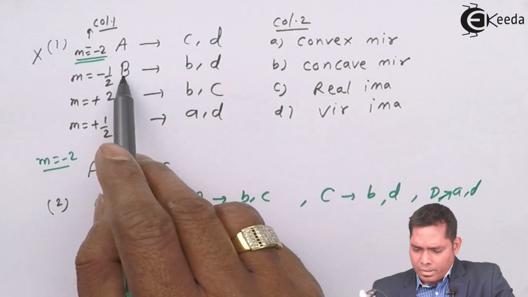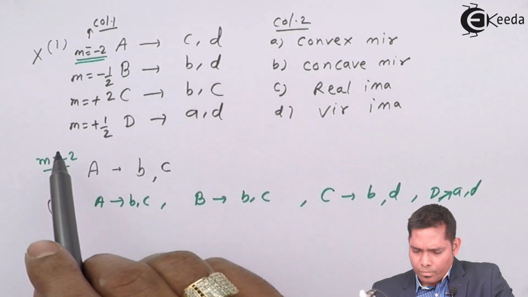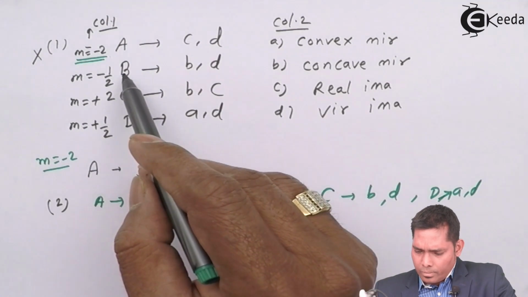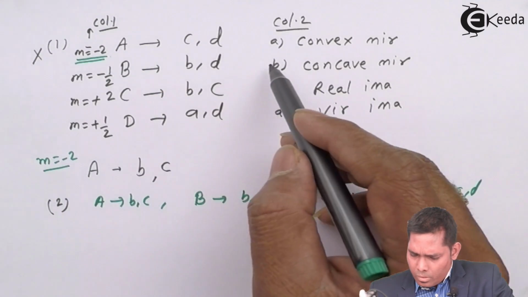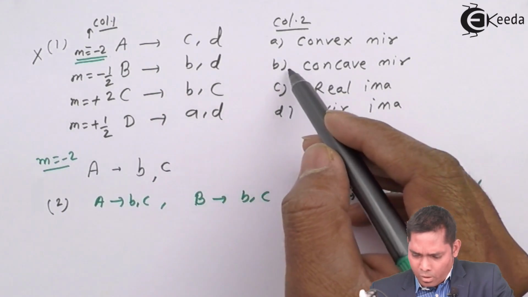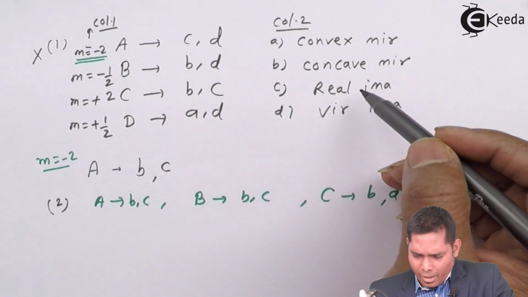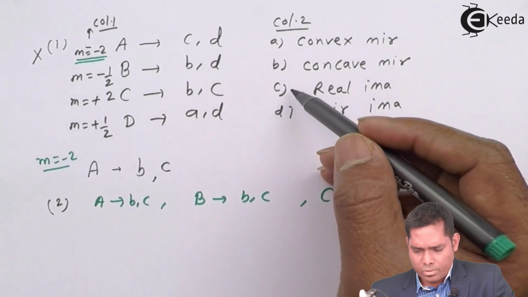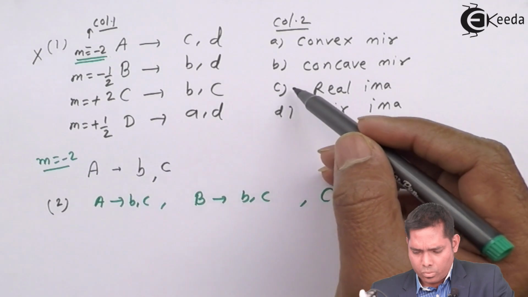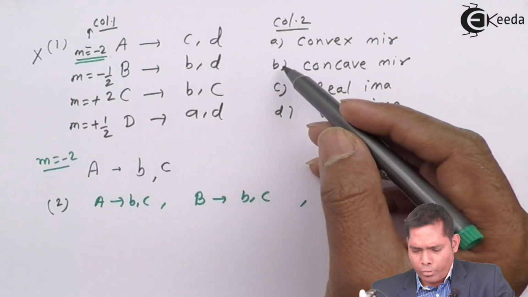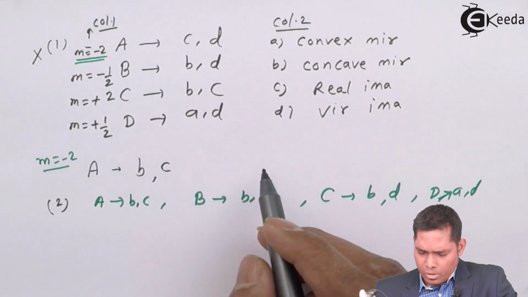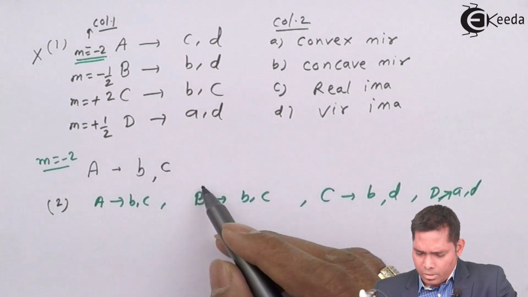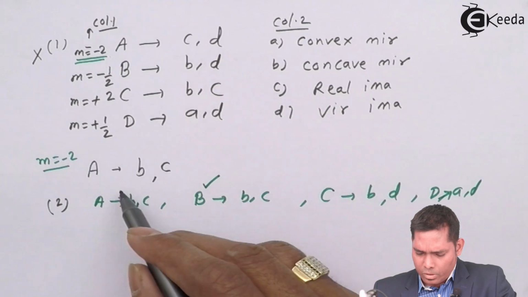Firstly, negative is a concave mirror and real image. That is true. So that is correct. So for the second option, this is also correct.